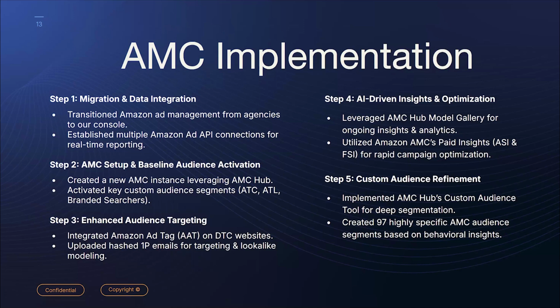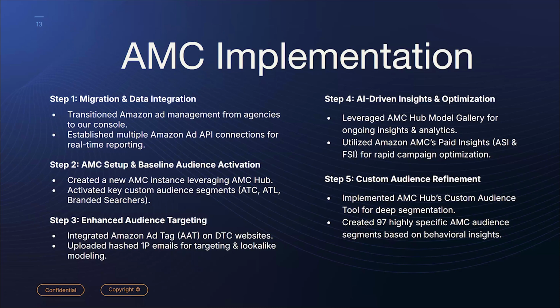So this was step 3. Then this is a little bit more advanced way of doing audience targeting. But if you are really investing in your Shopify presence as well, and you want to leverage what you've done on Amazon before, I highly recommend looking into implementing the Amazon ad tag and different pixels on different pages of your website.